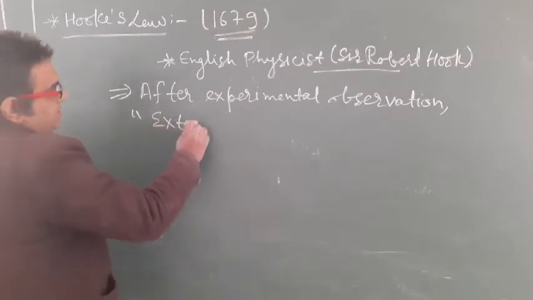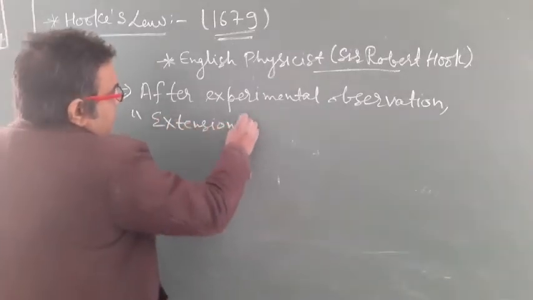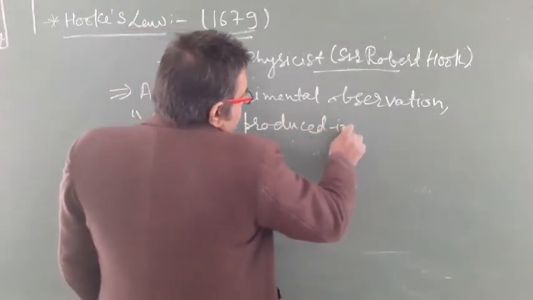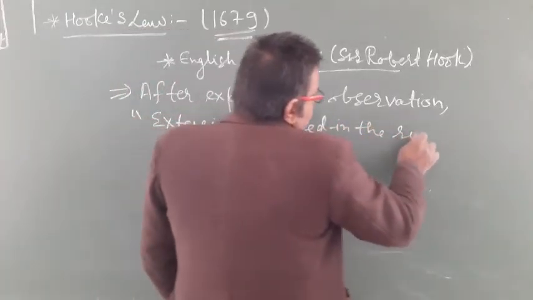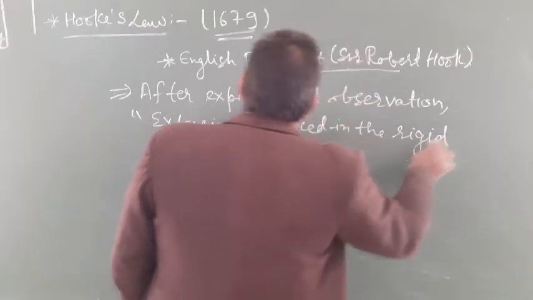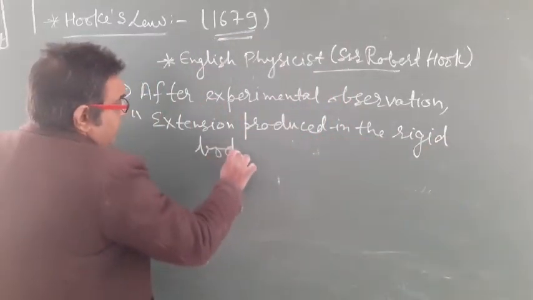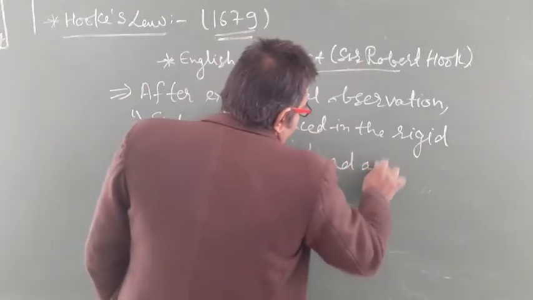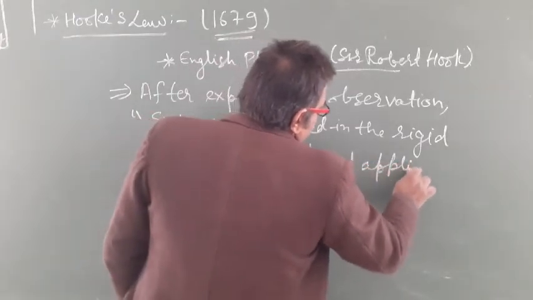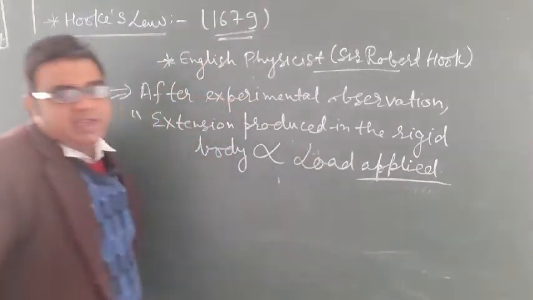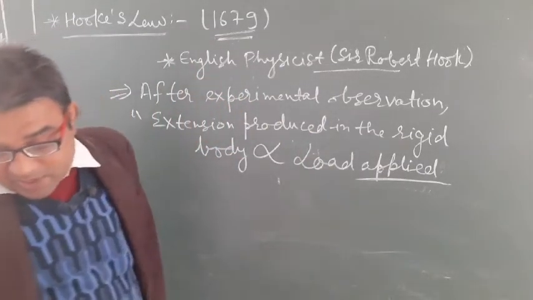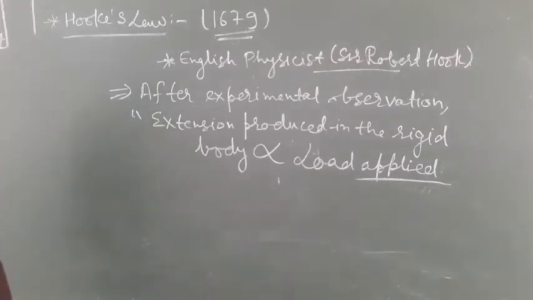The extension produced in the rigid body is directly proportional to the load applied. Whatever extension is produced in the rigid body is directly proportional to what? The load applied.